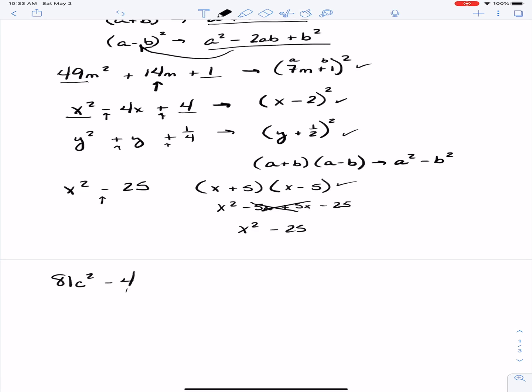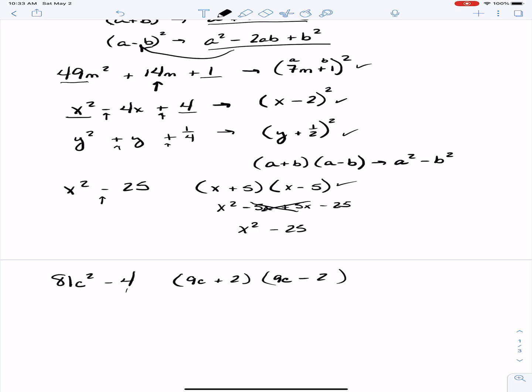Well, we know that the square root of 81 is 9c. We know we have no center term, so we know we have to have a positive and negative. The square root of 4 is 2 and 2. So if we FOILed this, we would get 81c squared minus 4.